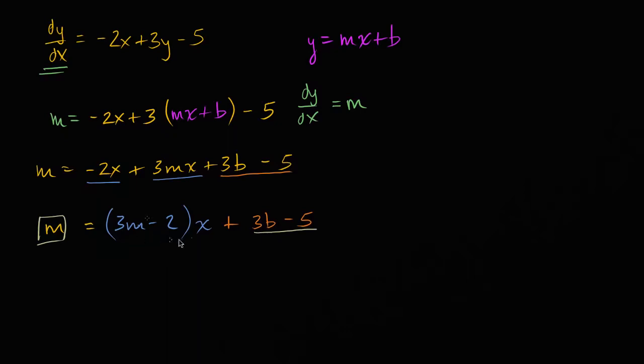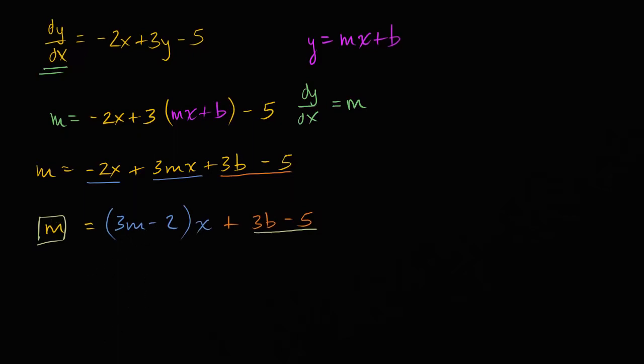But the only way that I get these x's to disappear, so all I'm left with is an m, is if this thing is equal to 0. Let me say that again, because it might be a little bit counterintuitive. We're saying that m, some constant value, is equal to some coefficient times x plus some other constant value. Well, in order for that to be true, the coefficient on x must be equal to 0.